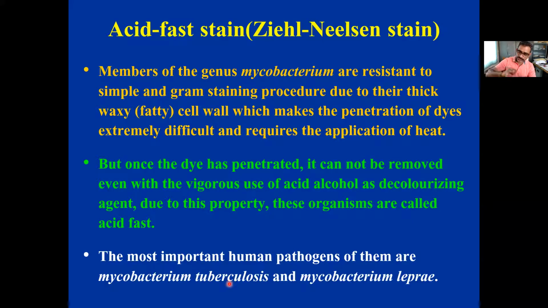Once you stain them, you cannot remove the stain with acid or alcohol. Those bacteria where the stain can be easily removed are called non-acid fast. Normal bacteria, apart from Mycobacterium species, where the stain can be easily removed by acid and other solvents like ethanol and isopropyl alcohol, are called non-acid fast.